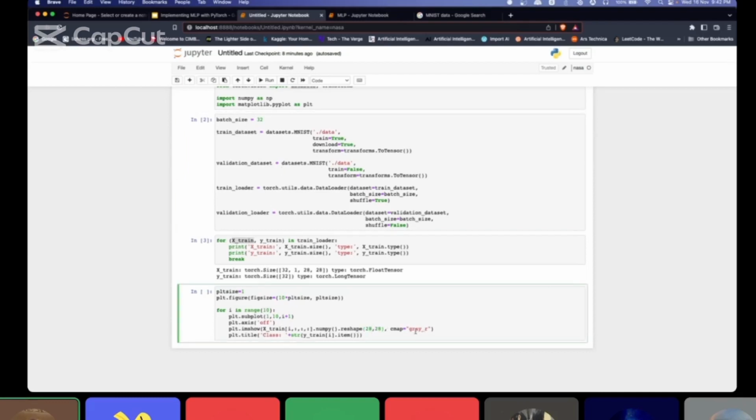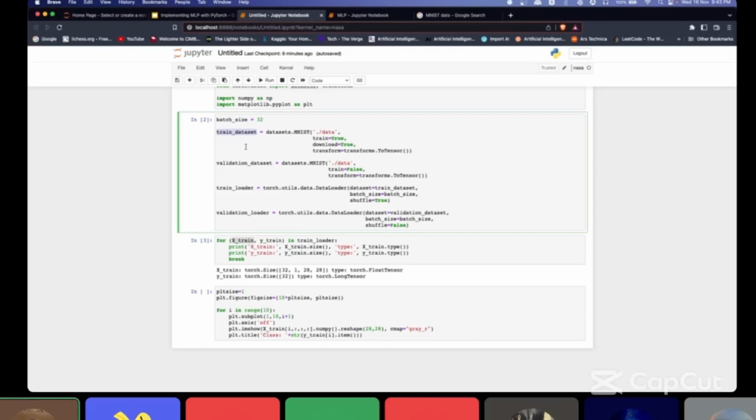Don't worry about this as well. The reshaping is necessary because in the data set, all of these images are smashed into a single long vector. 28 times 28 is 784, so it's just one long 784-sized vector. That's why I'm reshaping here, so that we can see the image.